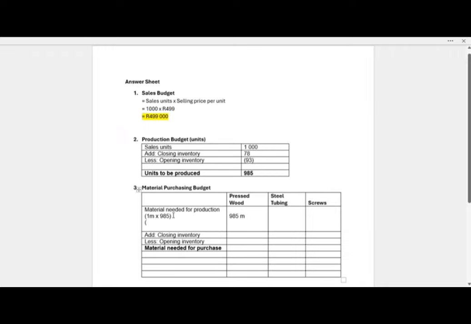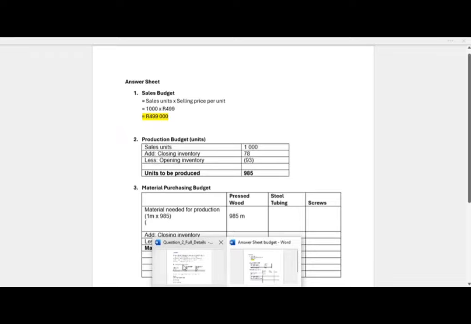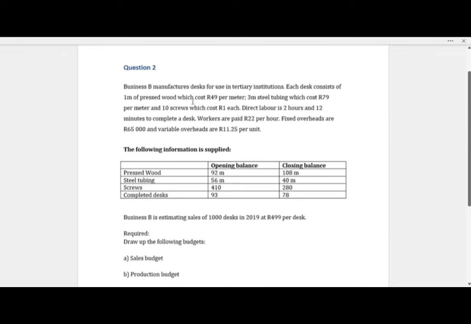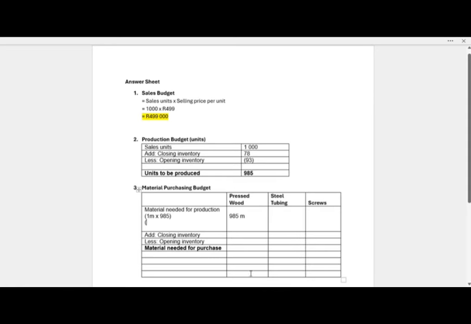All right, and then I'll proceed to the next one. I'm going to calculate for steel tubing. They say to us right there, 3 meters of steel tubing, which costs 79 rand per meter. So for me to get the number of meters to produce a complete 985 desks, I'm going to say 3 meters multiplied by 985 desks.